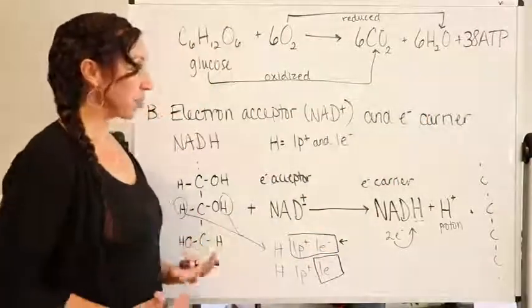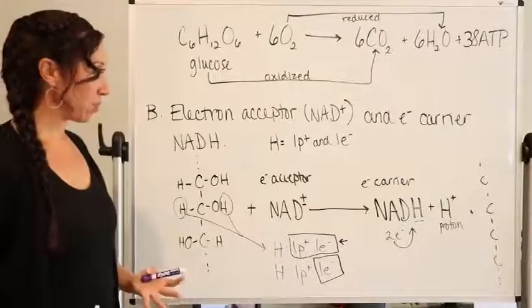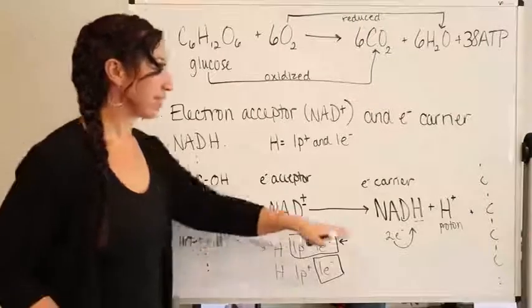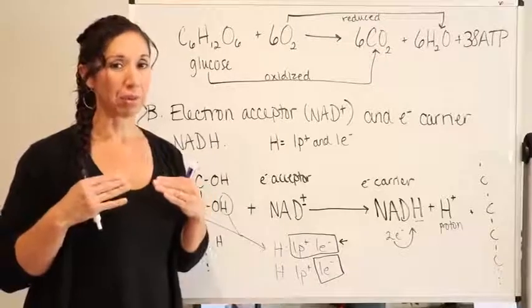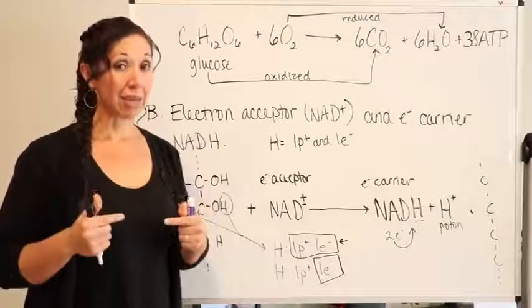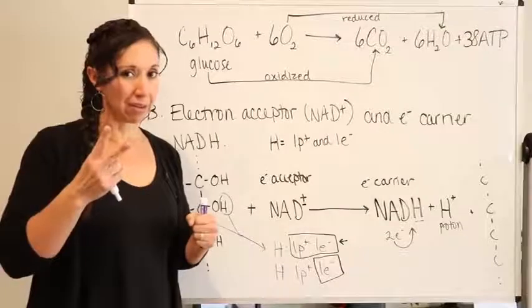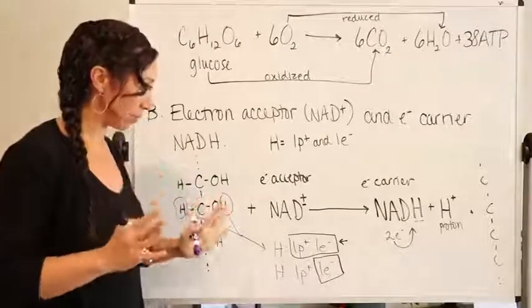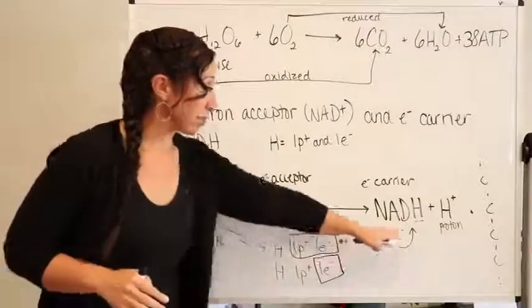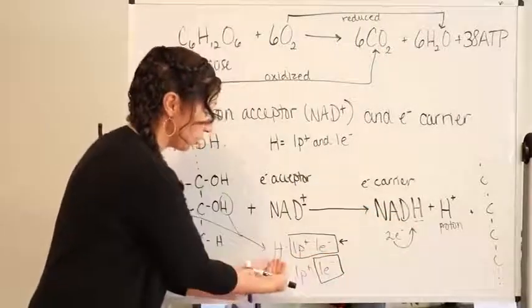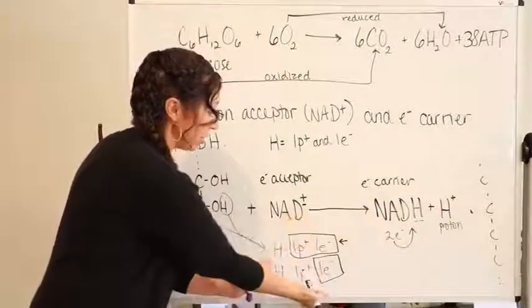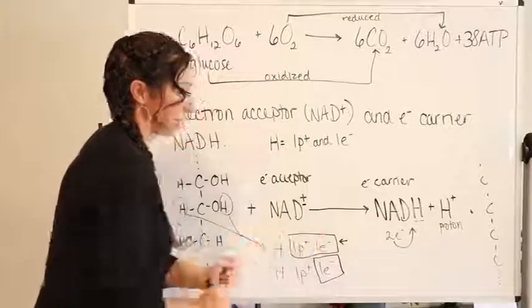During the course of all of cellular respiration, you're going to see NAD plus to NADH a lot. Every time you see NAD plus, remember there are 2 electrons that guy's holding. That's why you get NADH: 1 proton and 1 electron go with it, but you also gain another electron to balance out that charge.